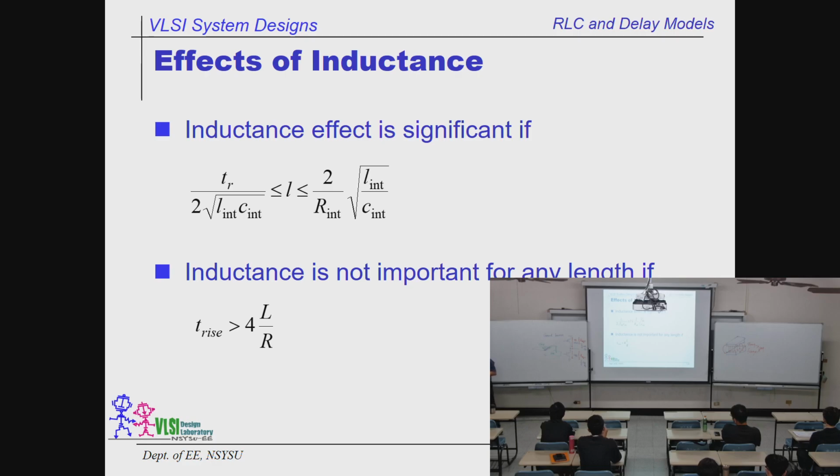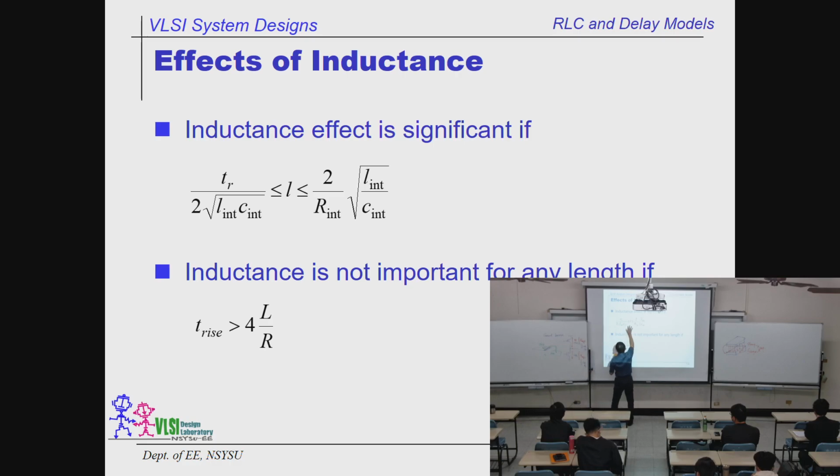There are two equations to specify when and how the inductance can be ignored. I didn't invent these equations, I just copied them from the textbook. The inductor effect is significant as long as this equation is satisfied.